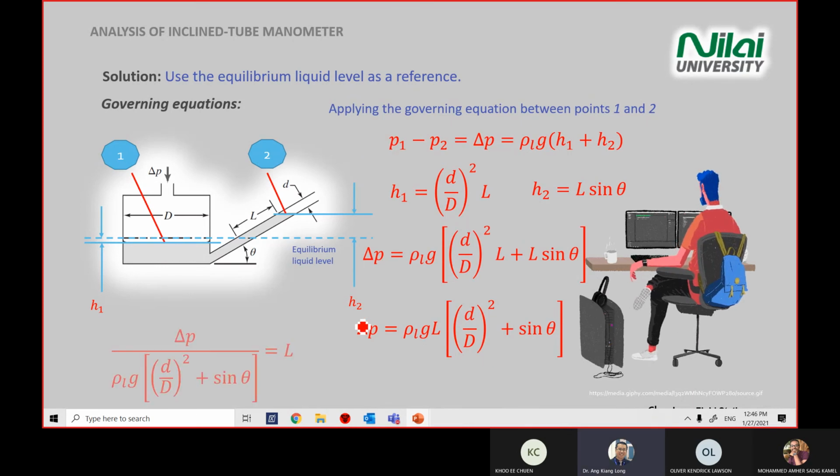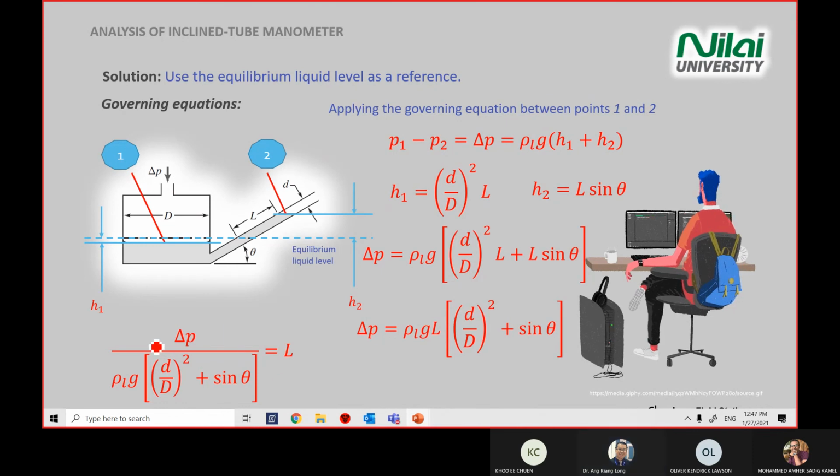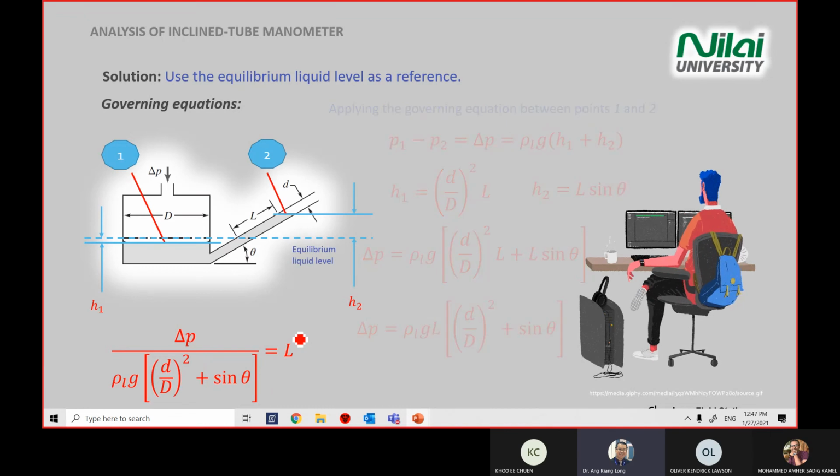The question asks us to put it in terms of the liquid deflection L. So you rearrange this equation again to put L on one side and the other parameters on the other side. So this is the answer for question number 8.